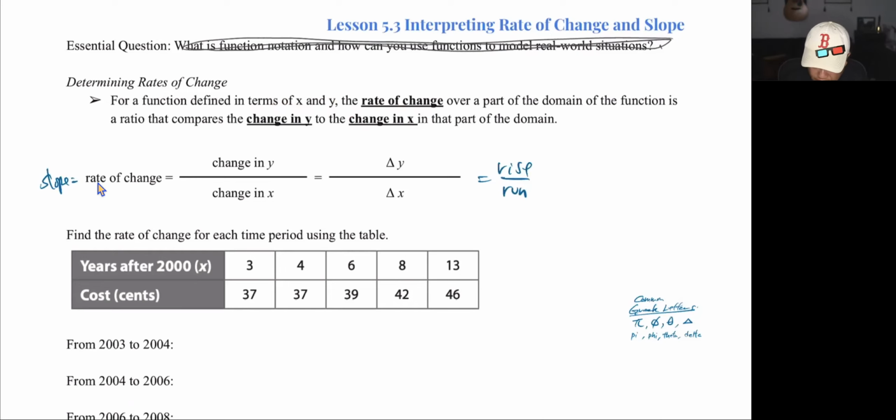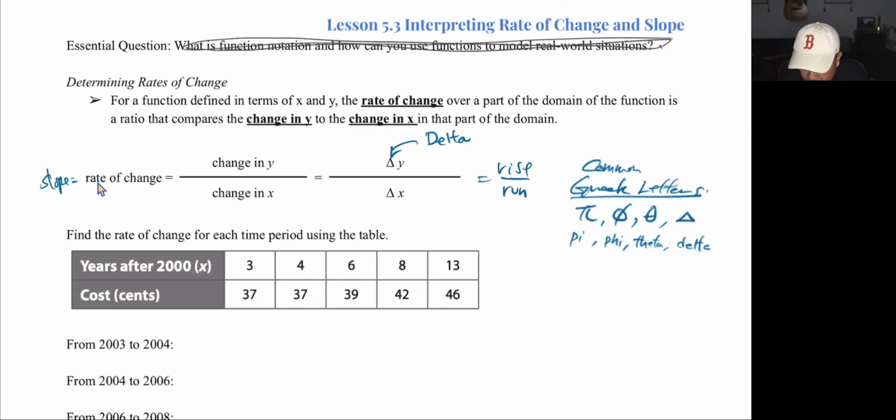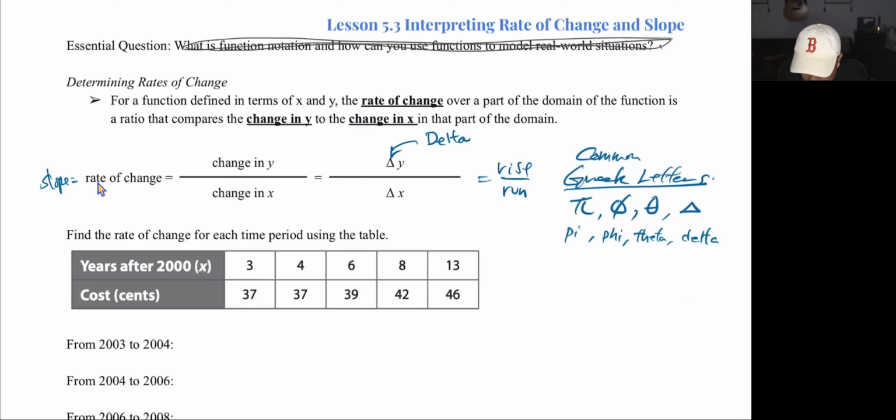Okay. But before we continue, you might have seen this triangle. That's actually capital delta. So I'm going to put capital delta. It just means change. It's a Greek letter. And we use certain Greek letters over and over again. And these are the ones that you should be very familiar with right here, guys. And let me change the color so it sort of stands out a bit, right?